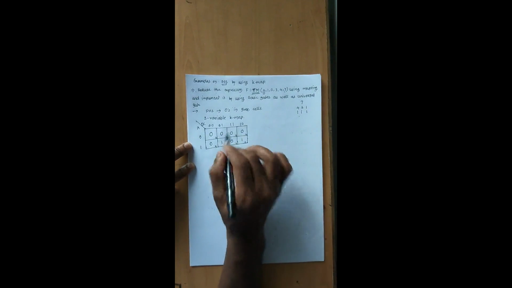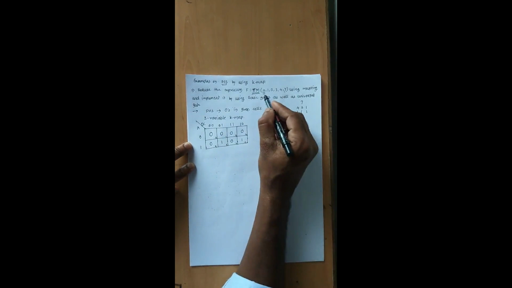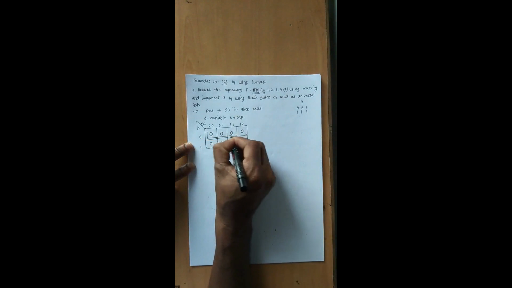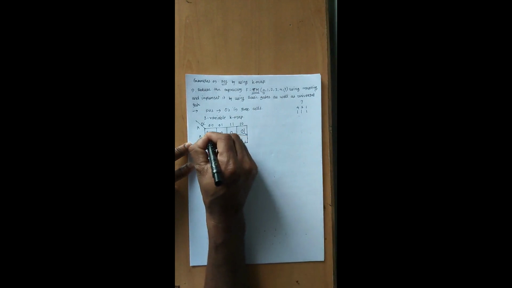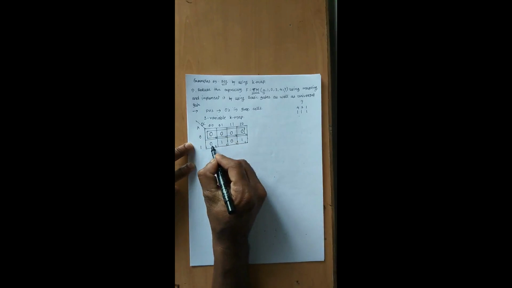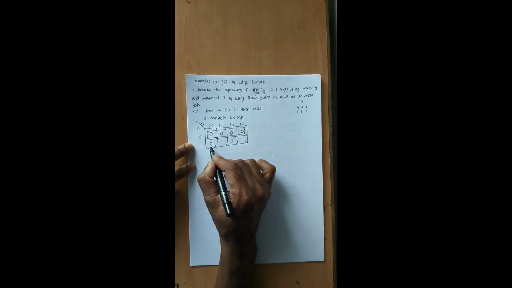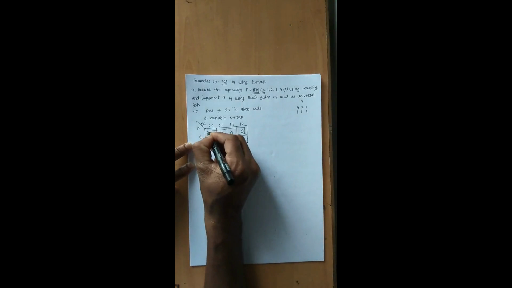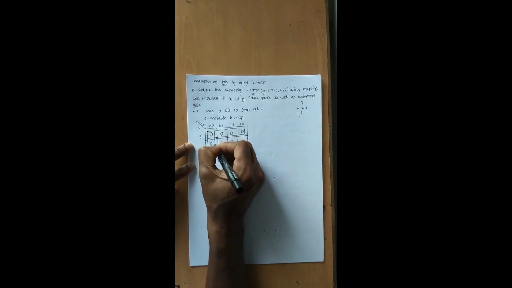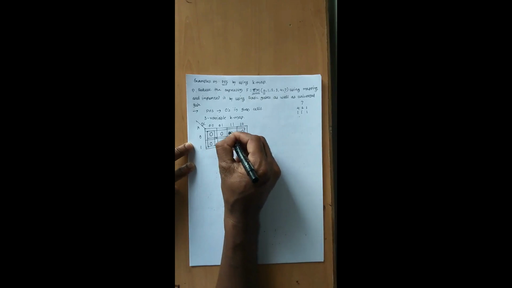Okay. Once we are able to map the respective values at the max terms, then it's time to make a grouping. So here grouping of a quad is possible for this entire row. After that, there are 2 values left, which is at 4 and 7. So for this cell we can make a pair with this one, and for this cell we make a pair with this one.